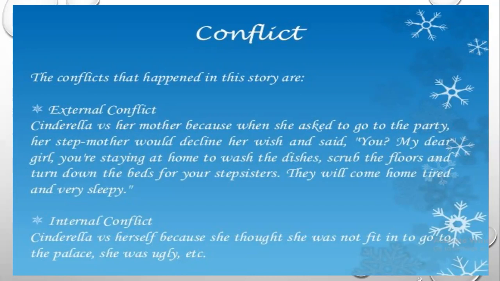She was ugly, but with the help of the fairy, she did it. So here we have these two main conflicts. The first one is external, and the second one is internal.